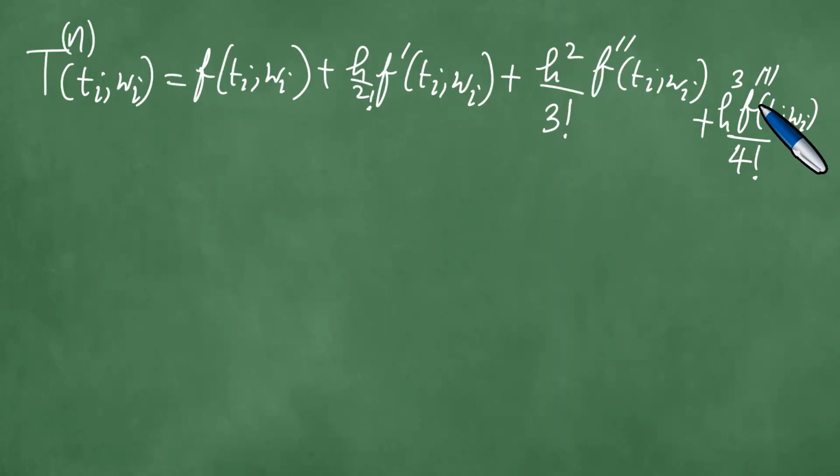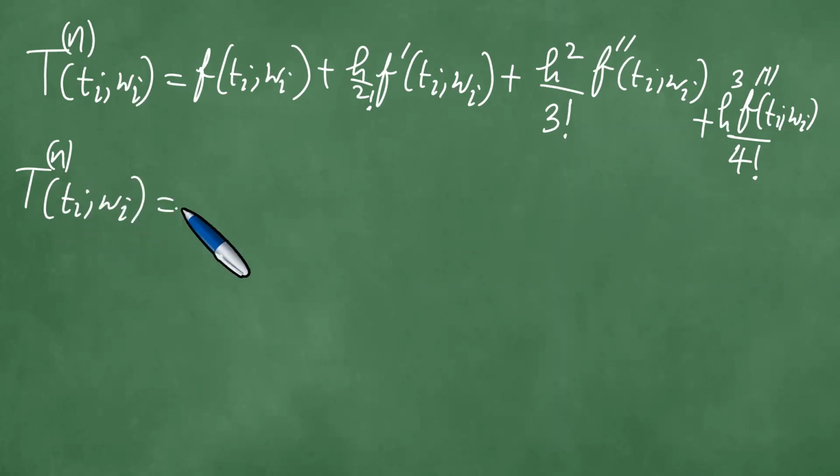Okay. But the next thing is to do the substitutions here in terms of what each of these things is exactly. So, okay, what is each of these? Let's analyze these. So now we're going to have ti wi. Okay, what is f ti wi? So f ti wi, the wi is like the y.